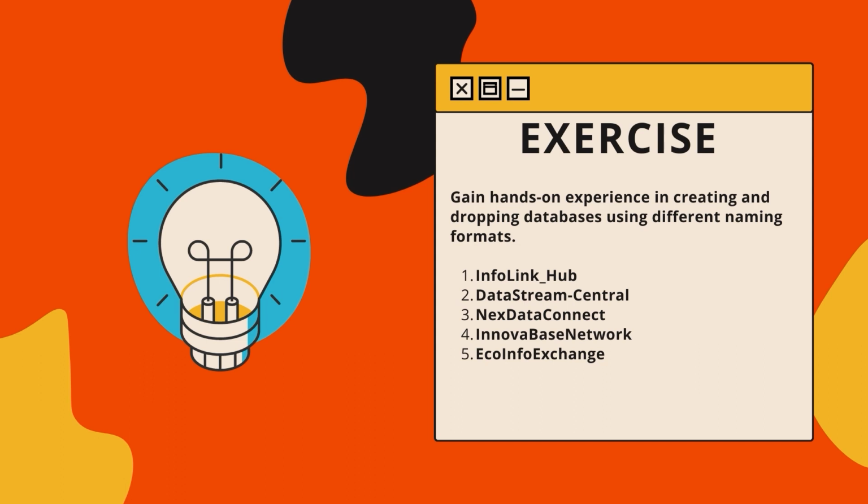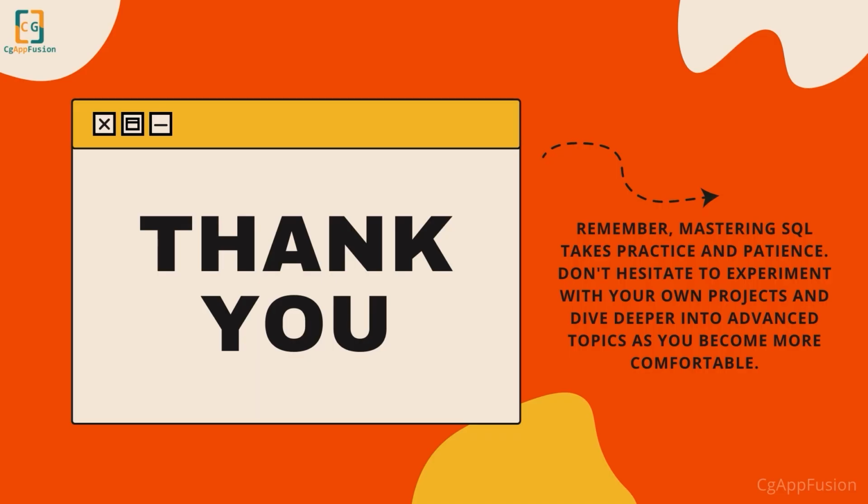It comes down to personal preference. You can use camel casing, and so on. So just create 5 different databases and drop all of them. And this is the end of this lecture. Thank you for finishing it, and see you in the next one.